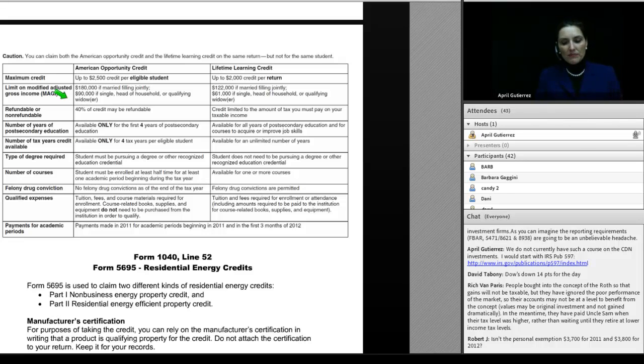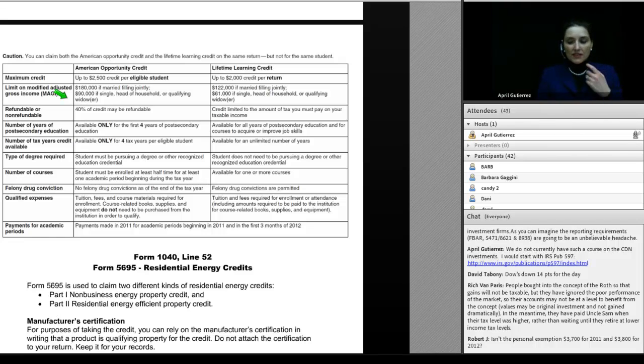If you don't qualify for the American Opportunity Credit, the reason you would not qualify is you're not at least a half-time student. You have to be enrolled in a degree program, and you have to be at least a half-time student, and you can't have a felony drug conviction. So those are the rules for the American Opportunity Credit, and if you meet them, you get it.